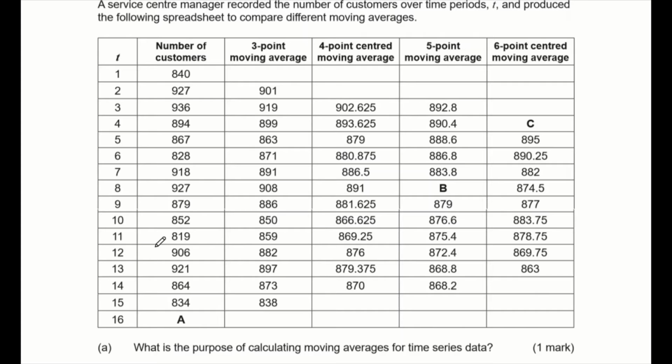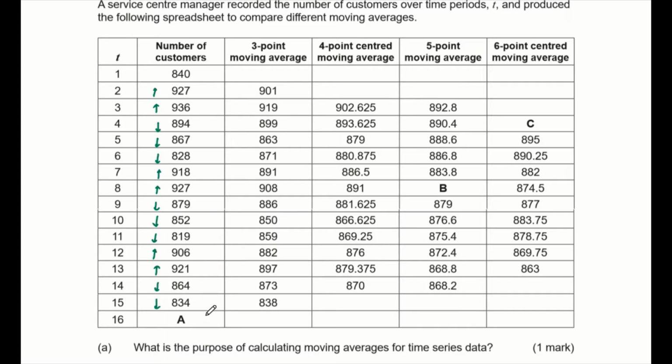The other thing you can do is find out the rises and drops in the numbers themselves. For example, from 840 until 927, you can see it's increase, increase, decrease, and then decrease, decrease again, then increase, increase. Then decrease, decrease, decrease, then increase, increase, then decrease, decrease.